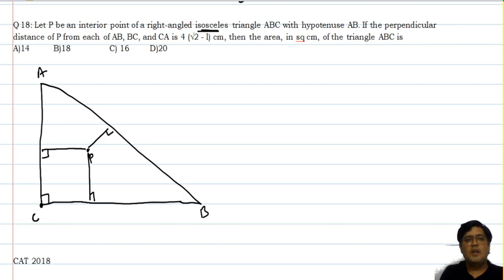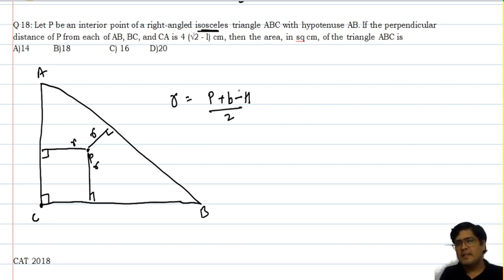Guys, that is called incenter. If a point inside is at the same perpendicular distance from all the sides of the triangle, that is the incenter. And this length is inradius. So, for a right angle triangle, the inradius is given by perpendicular plus base minus hypotenuse by 2.